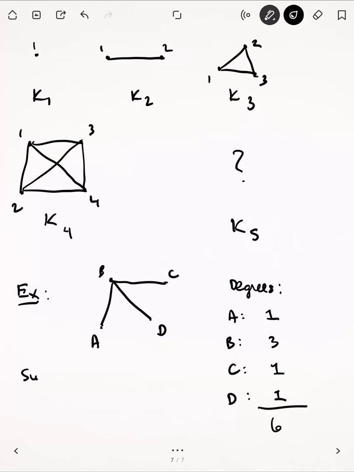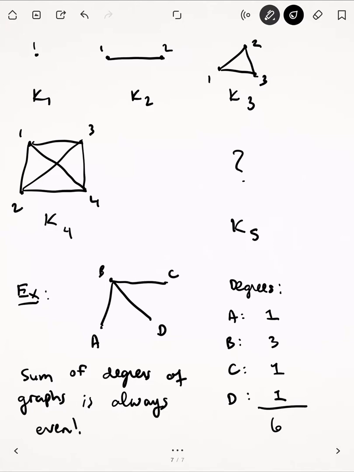So the sum of degrees of graphs is always even. And why is that?